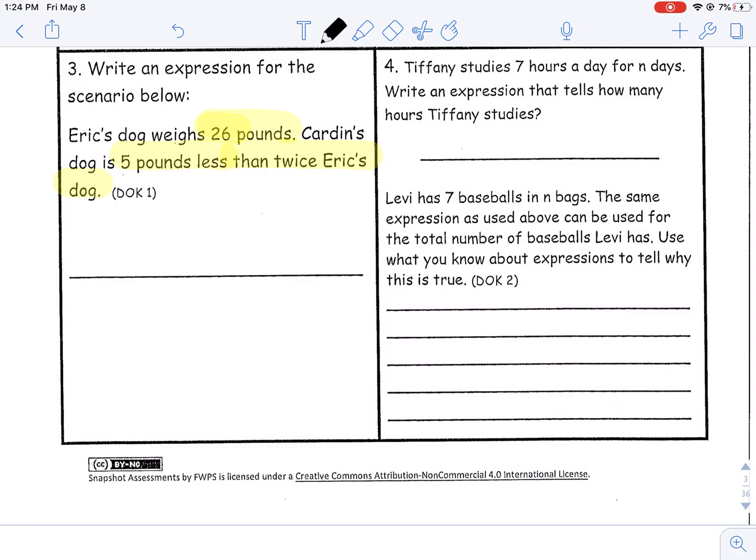So I'm going to start off with that 26 pounds because that's my known, and I know that then twice, so that would be multiplication times 2, and then I'm going to subtract 5 to get the total weight of Cardin's dog. This one, because of order of operation, I could leave it exactly like this. I could also add parentheses if I wanted to, just to make it a little bit more clear to myself, but it's not needed.